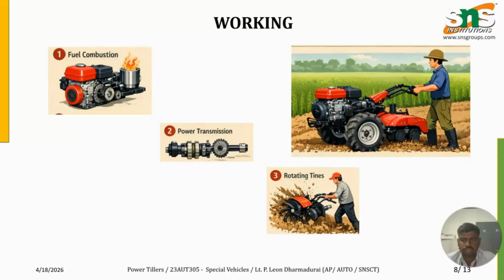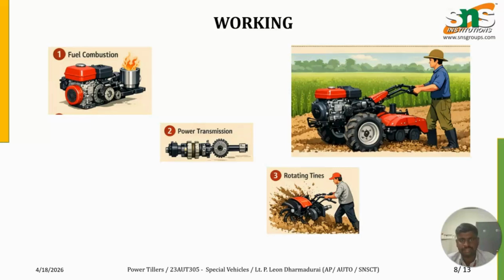As we all know, the engine power in special vehicles is divided into two. The first is for the movement of the vehicle, and the second is for giving power to the attachment through the PTO. From the engine, the power is transferred to the final drive with the help of the transmission system.